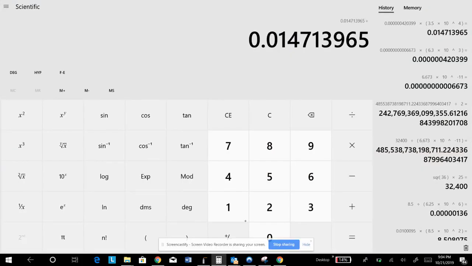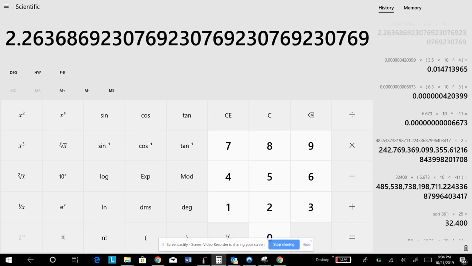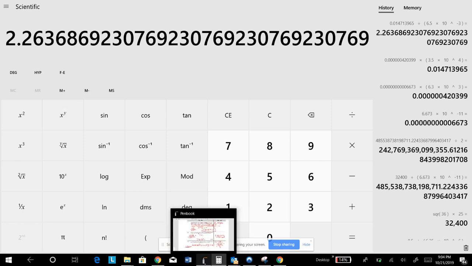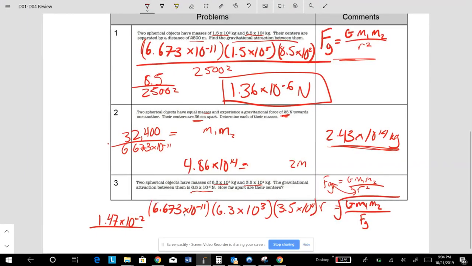So we're going to divide that 6.5 times 10 to the negative third. And our answer is 2.26. So our answer is going to be 2.26.